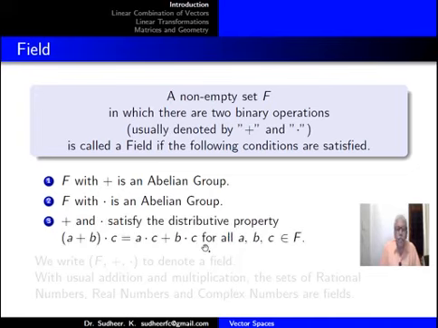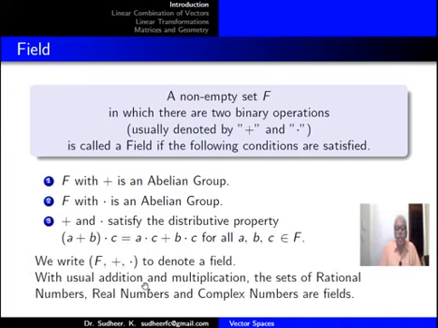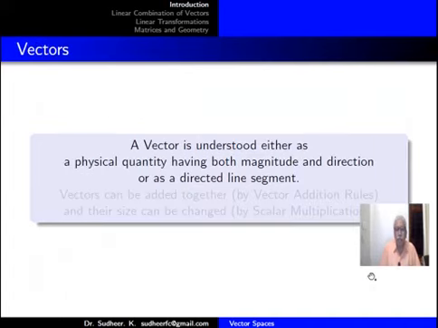The addition and multiplication satisfy the distributive property (a plus b) dot c equal to a dot c plus b dot c for all a, b, c in F. We write the triple F, plus, dot to denote a field. With usual addition and multiplication, the sets of rational numbers, real numbers, and complex numbers are fields.